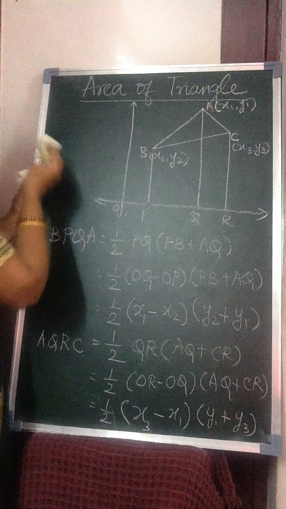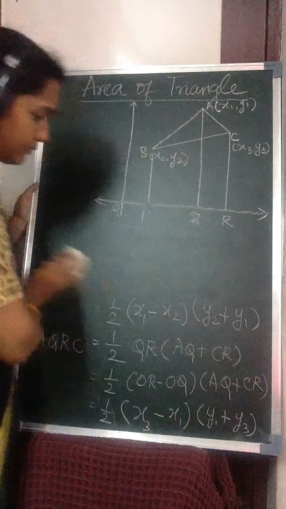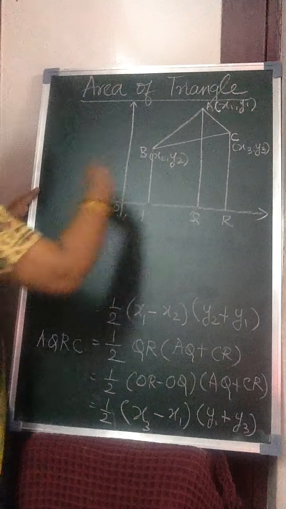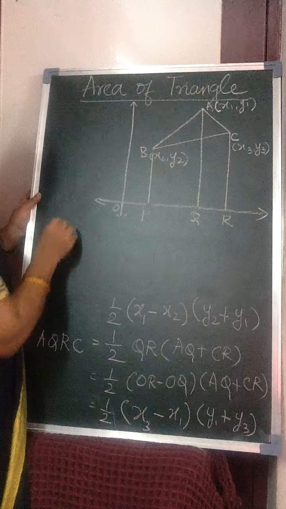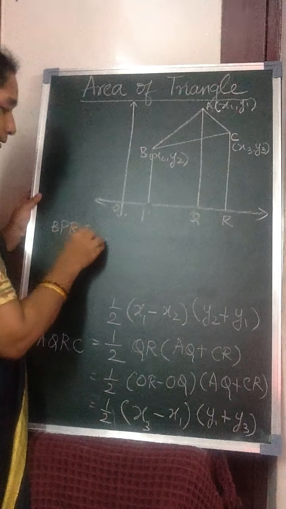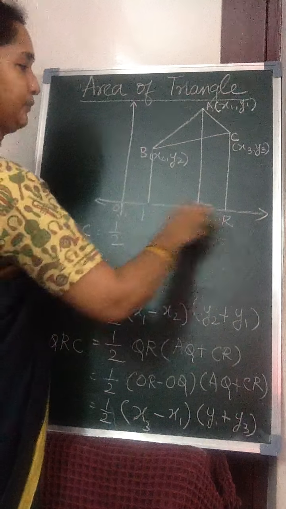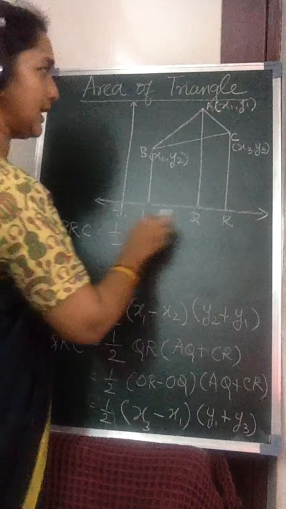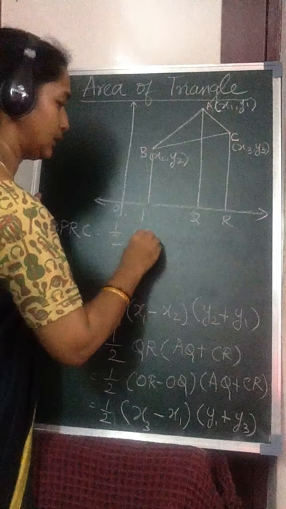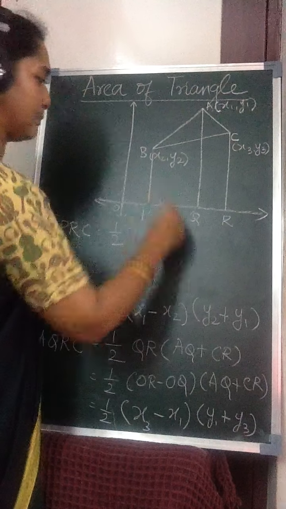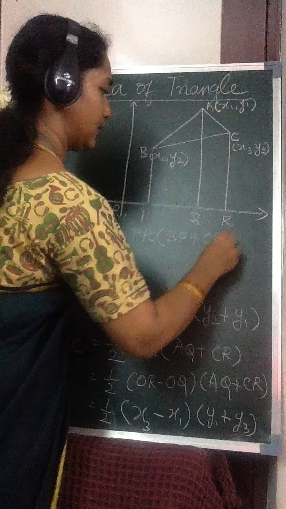Now another trapezium is there, isn't it? B, P, R, C. So for this it is half into, what is the base? Base is PR, and the parallel sides are BP plus CR.